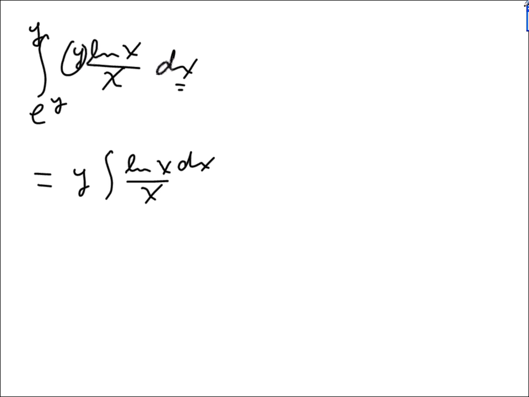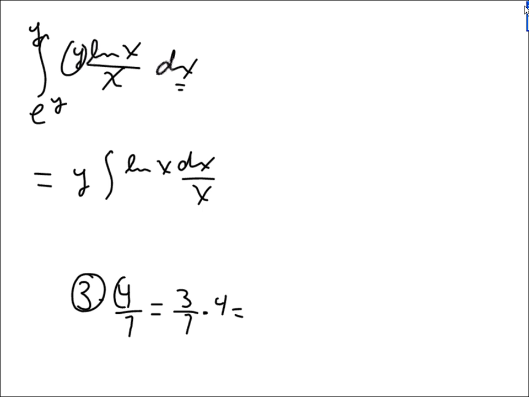Now, I just want to write it a little bit differently. I can divide the dx by x. Like 3 times 4 sevenths is the same as 3 sevenths times 4; in either case you multiply the tops, and there's only one bottom, so it stays that way.